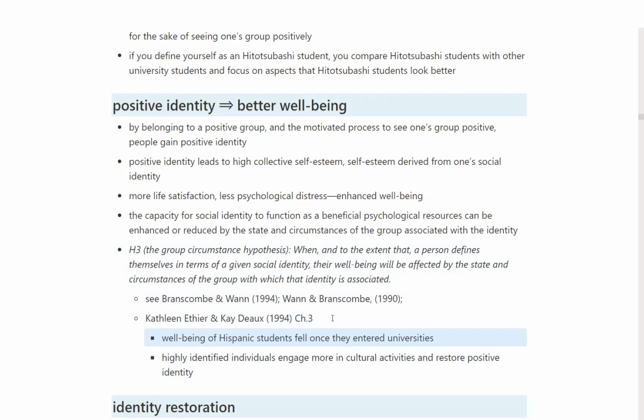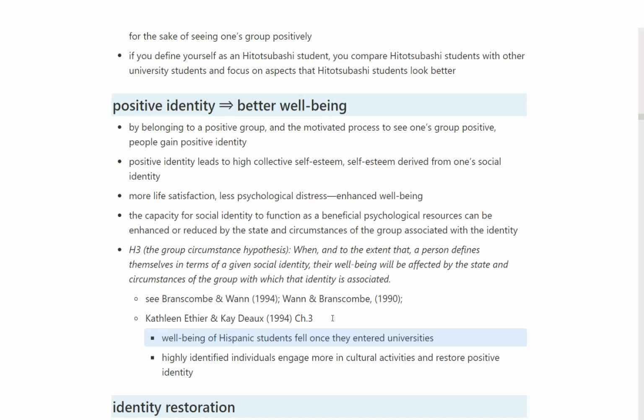This is because Hispanic students are devalued in universities in the United States, because they usually do poorly on academics. Basically they do not get good grades in class, or maybe the rate of dropping out is high.